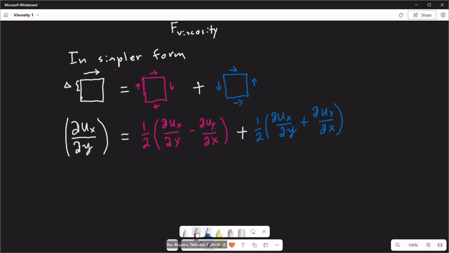And for those who watched the optional section, this was derived as omega. Omega, which goes like rotation.